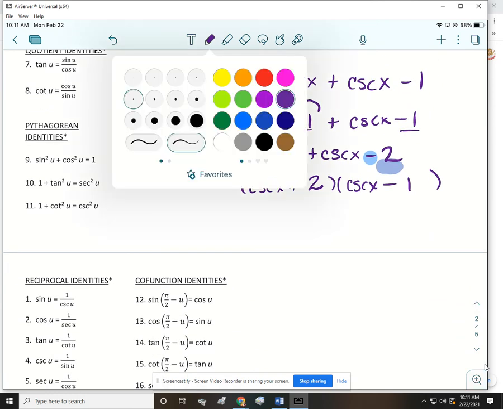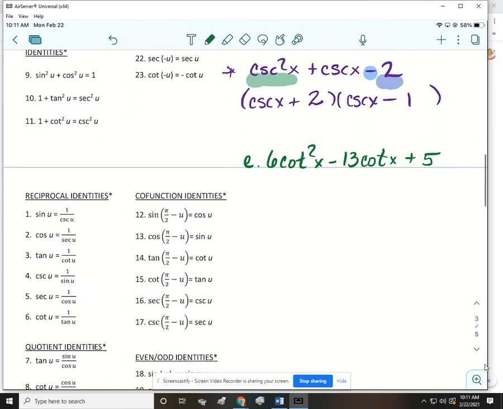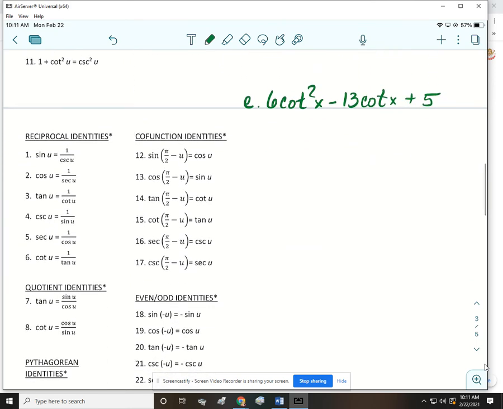Okay, one more. For E, we have 6 cotangent squared of x minus 13 cotangent of x plus 5. Okay. This one's kind of like D, but luckily at the beginning, all we have is cotangents, so we don't have to worry about an identity first. We can go ahead and factor this like a trinomial.